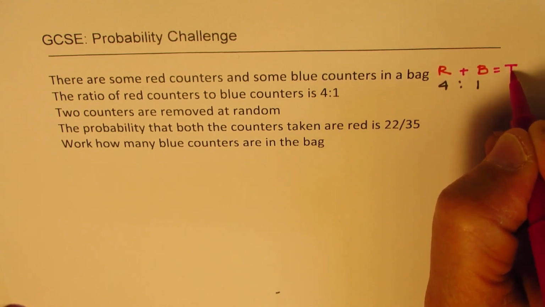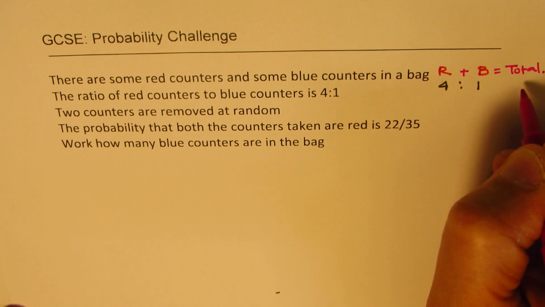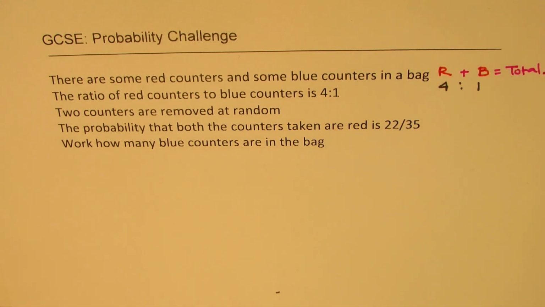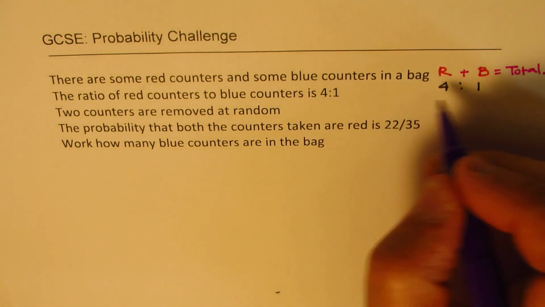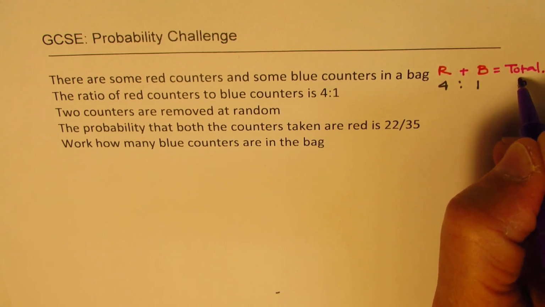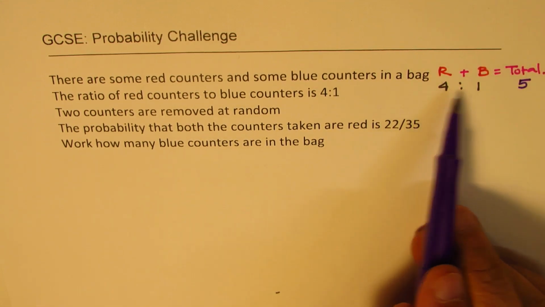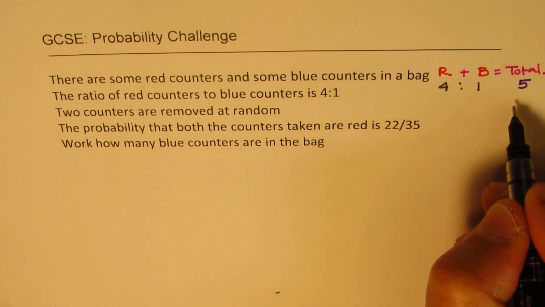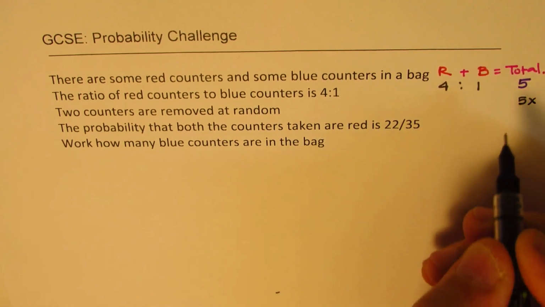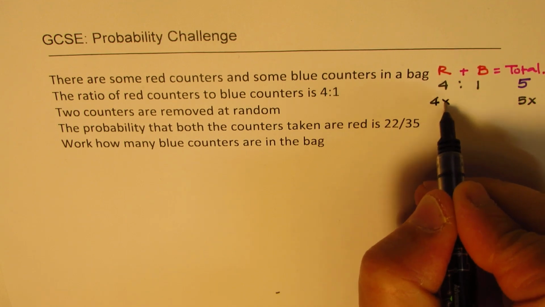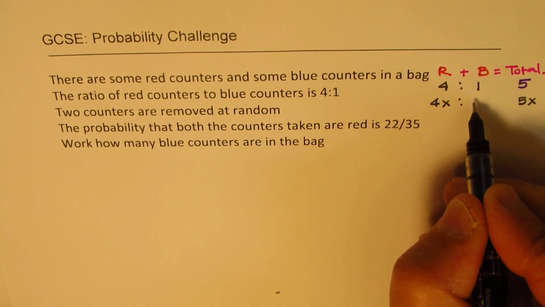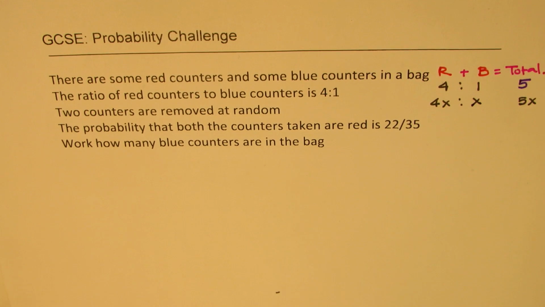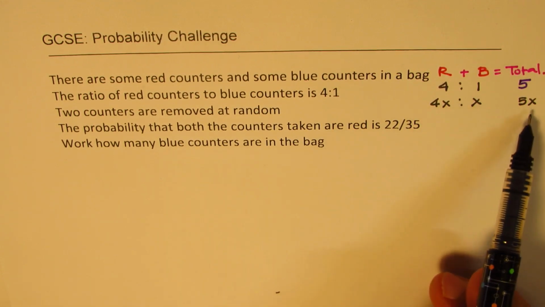So we'll write total here. Total is the denominator part for us, correct? Very important. So in this case, the total will be 5. So if there are 5 counters, 4 are red, 1 is blue. Okay. But it could be a multiple of 5. We don't know exactly how many there are. So we'll say let them be 5 times x. In that case, red will be 4 times x and the blue will be 1 times x. Clear? So that is our base to start with.